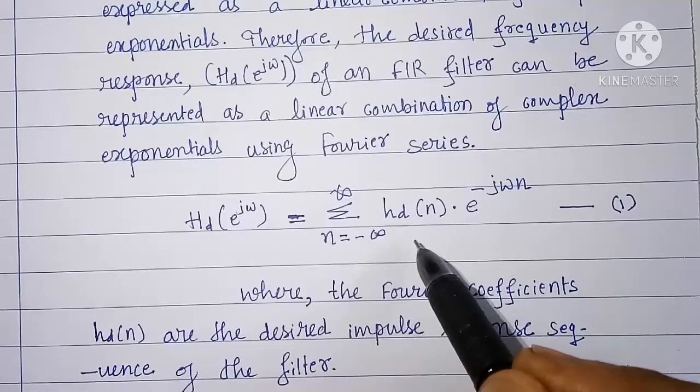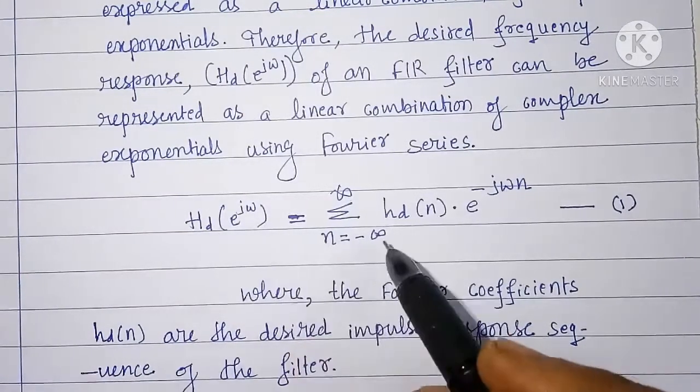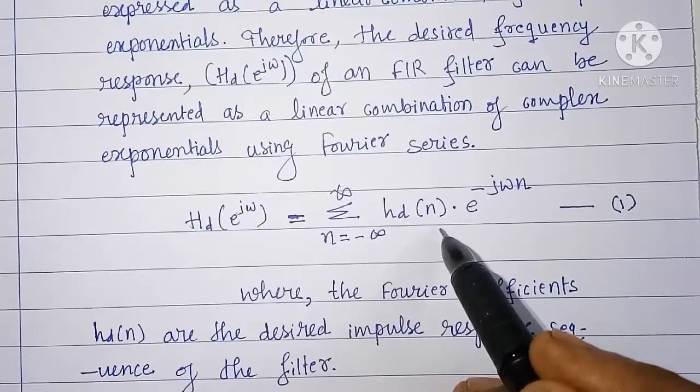So if we take inverse Fourier transform of Hd of e raised to j omega, we can get Hd of n.